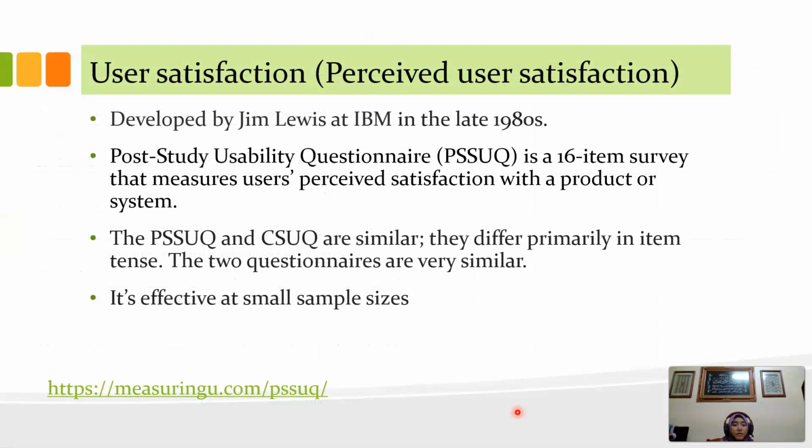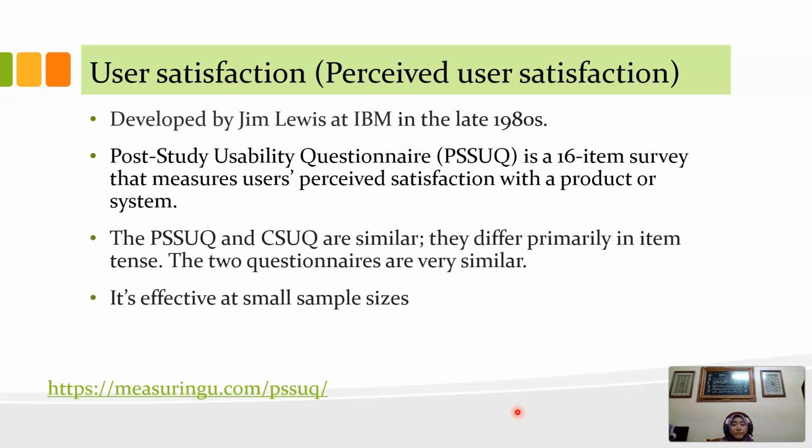Okay, and then you look at the user satisfaction, or perceived user satisfaction. It was developed by Jim Lewis at IBM in the late 1980s. The questionnaire that we are using is the Post-Study System Usability Questionnaire, also called PSSUQ. This is a 16-item survey that consists of 16 questions.